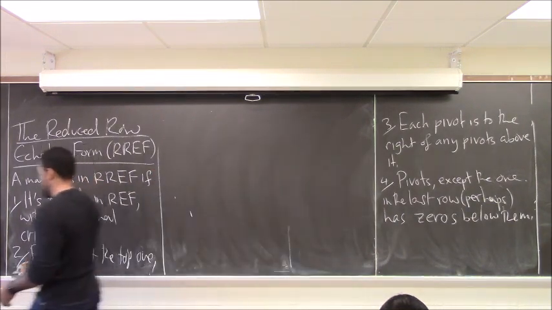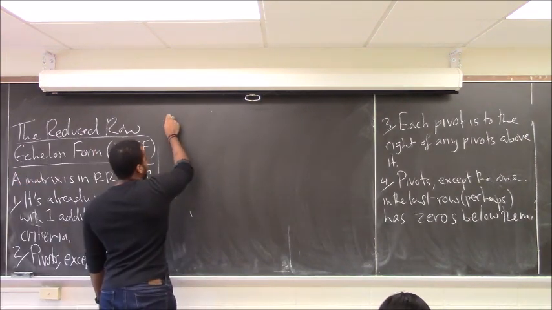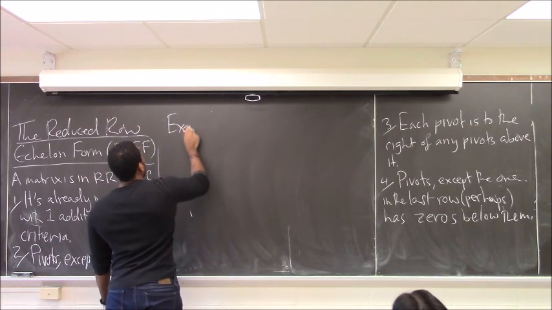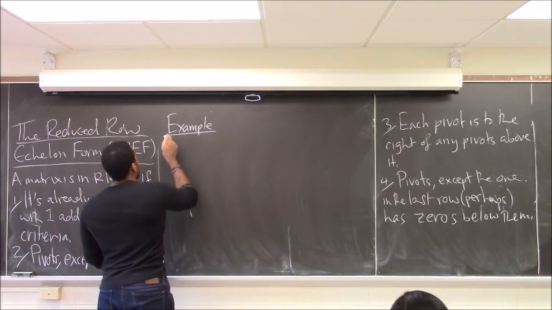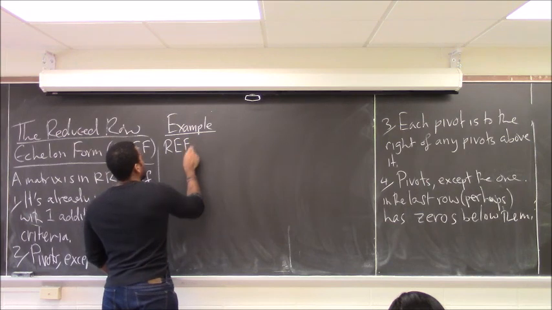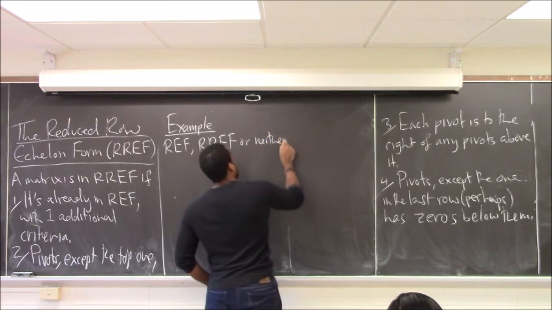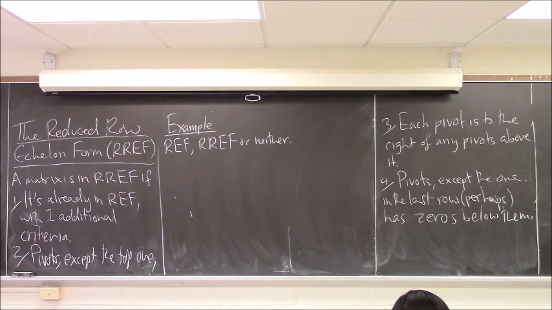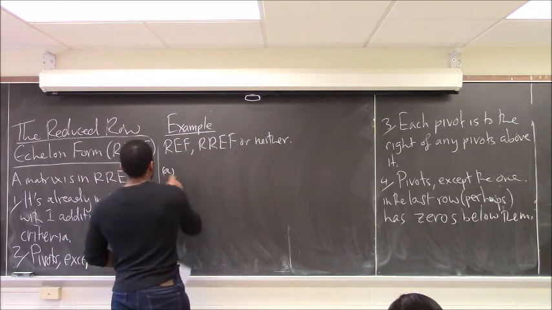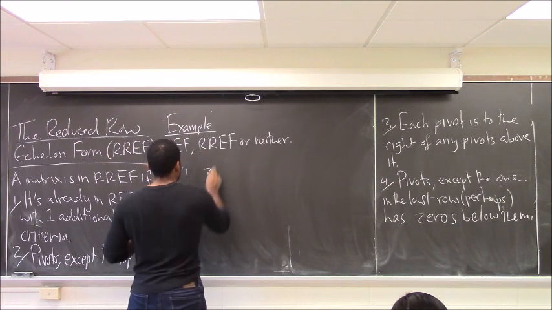What would this look like? It should be a quick example. REF, RREF, or neither. We're going to write down a bunch of matrices. We're going to identify what form they have. So it should just be a quick read from what we're doing here.